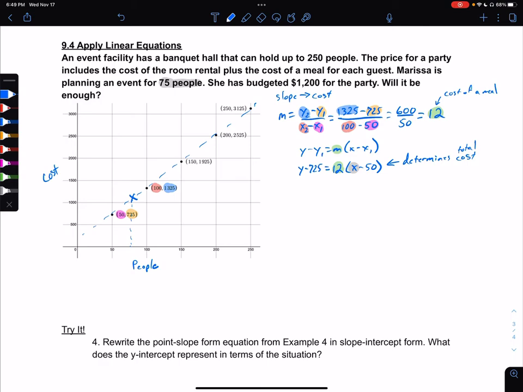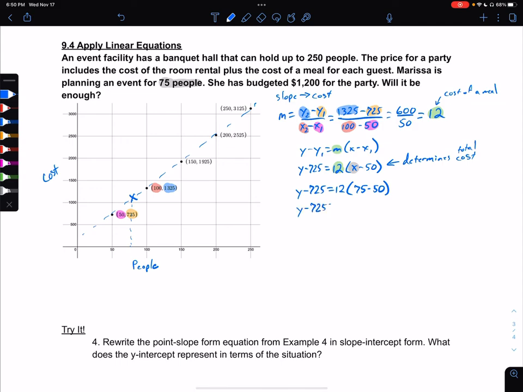And whatever that x value is will determine my total price. So I'm going to plug in, sorry, not x, I'm going to plug in 75 there, and that'll help me determine my total cost. So I have y minus 725, and now notice that we have an equation that only has one unknown, this y value. So I'm able to solve for that.